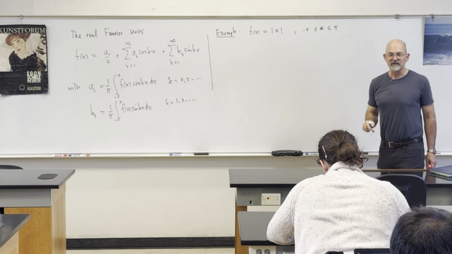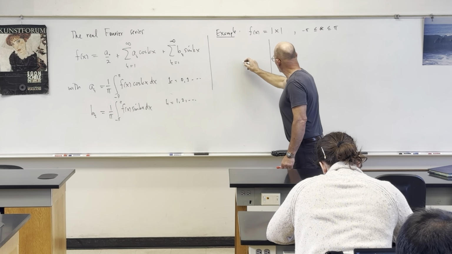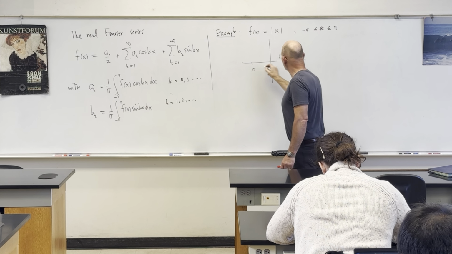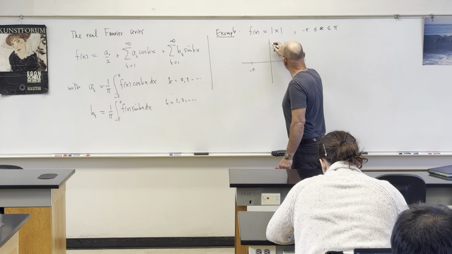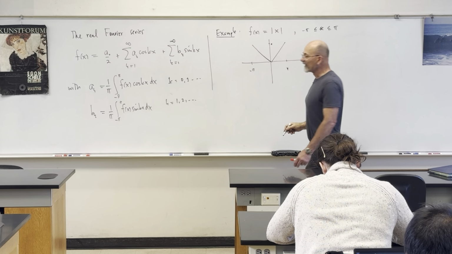So what if we have that function? First thing we want to do is sketch its graph. Got minus pi, pi. This time it's going to go up to pi. It's that.